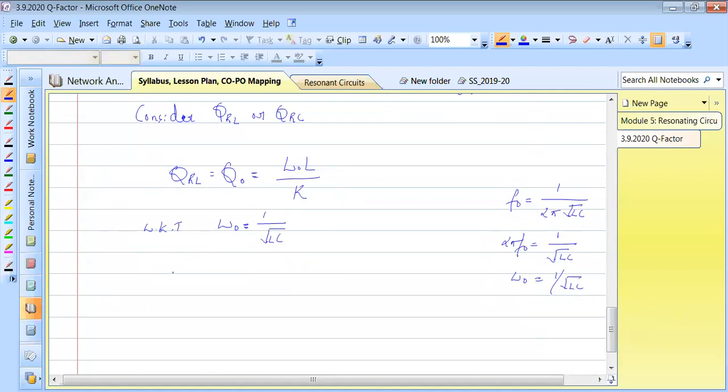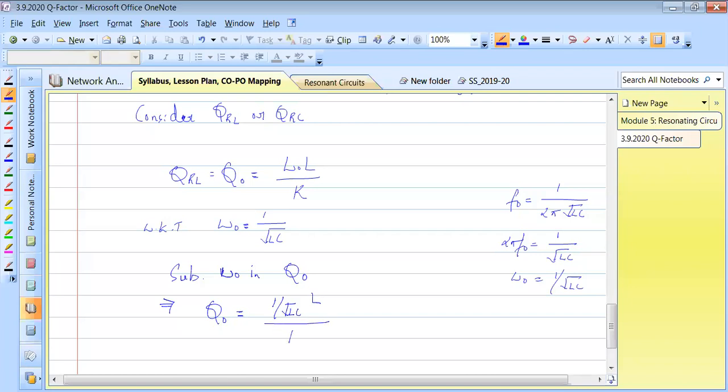So substituting omega naught in Q naught implies what? Q naught is, omega naught is 1 by root LC, right? So let's write that 1 by root LC, and we have L here.